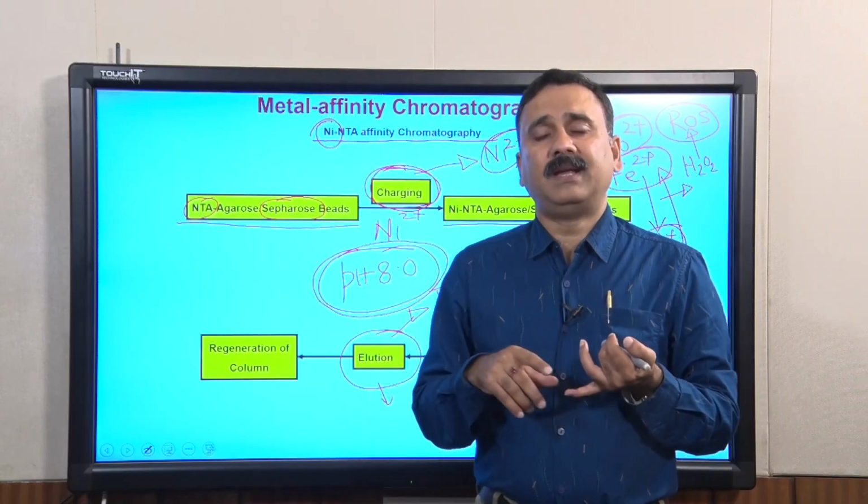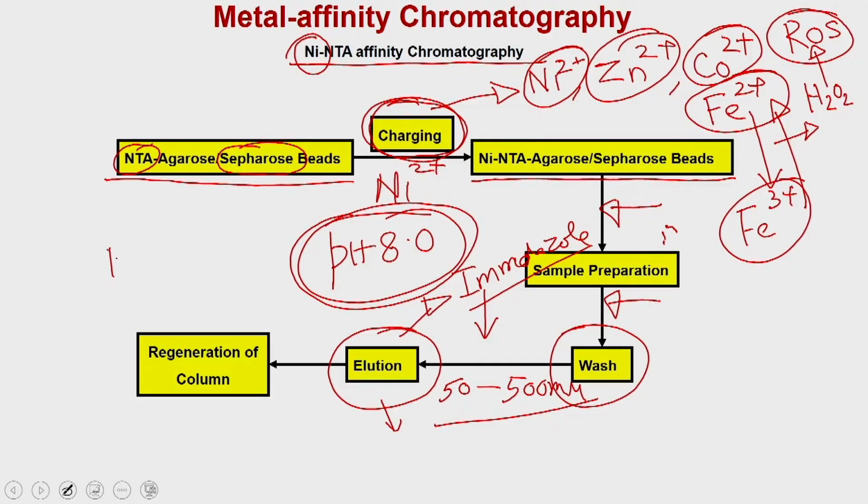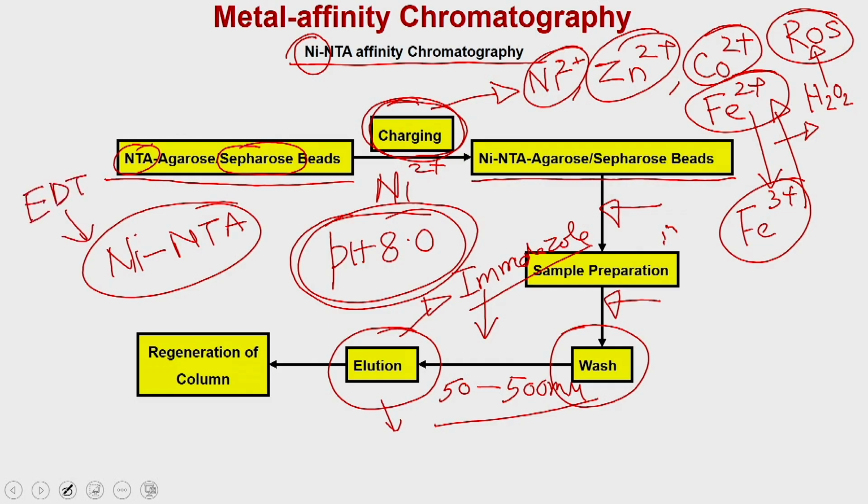The fourth is that the nickel is binding to the matrix through nickel NTA, and if you apply any type of chelating agent like EDTA to the column, the EDTA is going to remove the nickel from the column, and that can be used as a method to elute the protein.